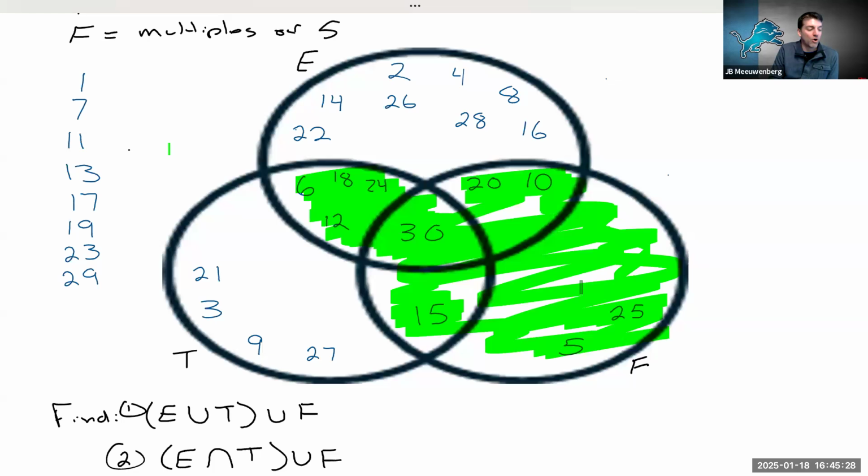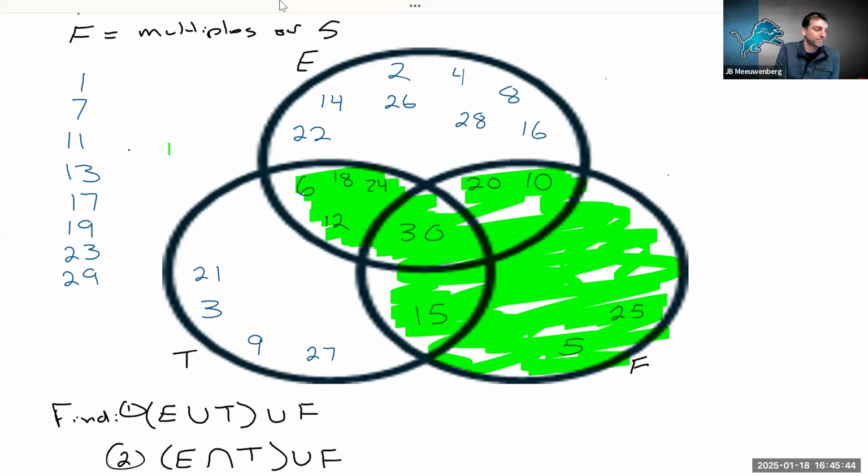Okay, so it includes all of these different regions. So what's not included? The even numbers that are outside of F and the multiples of 3 that are outside of F. Everything in F, along with this little section up here, is included.